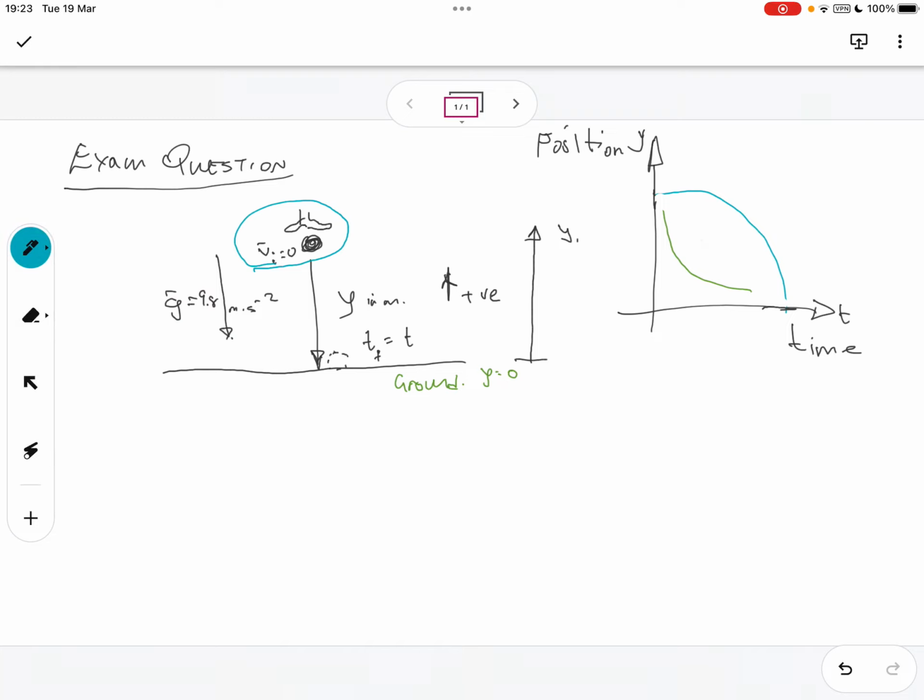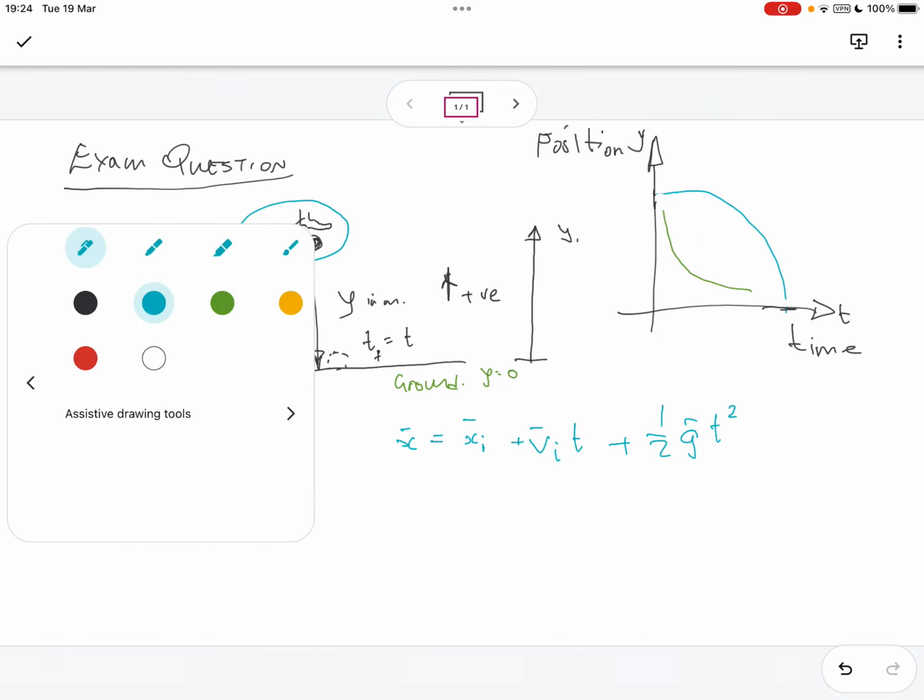The equation of motion that governs this is: displacement equals initial position plus initial velocity times time plus a half times acceleration due to gravity times time squared.